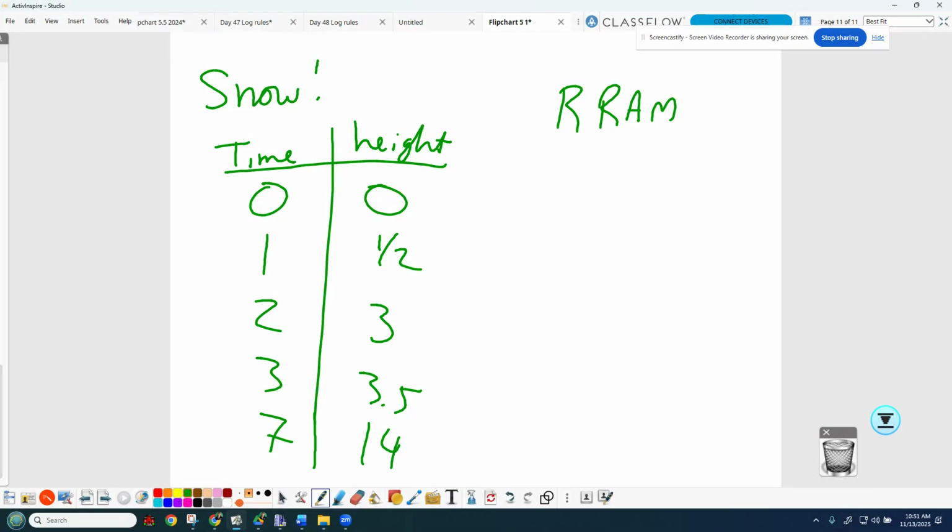And is RRAM going to over or under approximate? Over. Because it's increasing, it's not suddenly disappearing, it's not suddenly melting. And my answer of how much snow fell is dumb, because we already have the answer. 14 inches fell. Assuming that it all melted in between. This is why I was trying to look one up. My question is dumb.